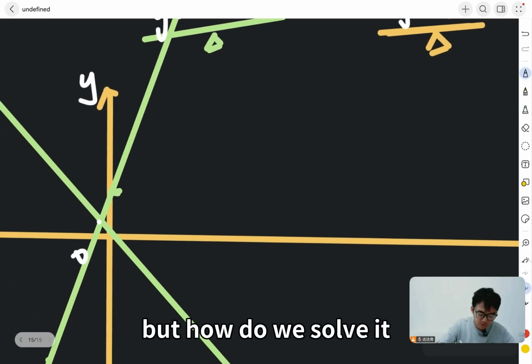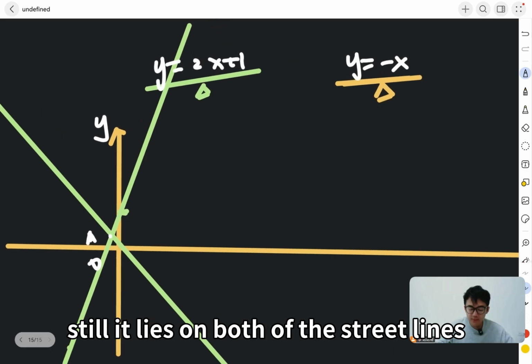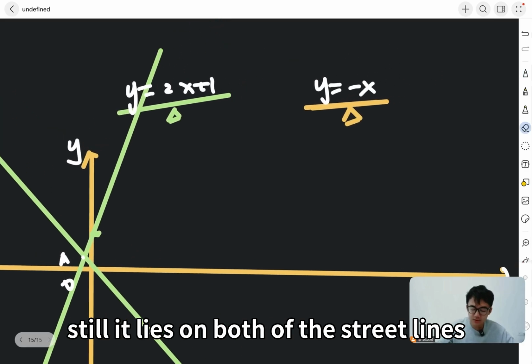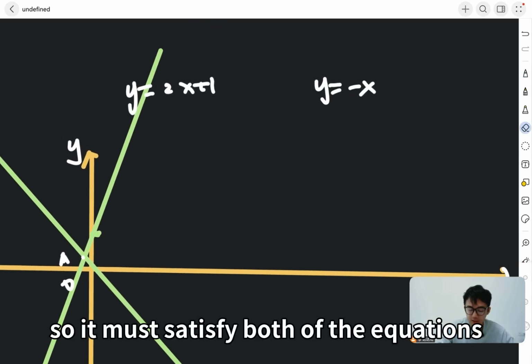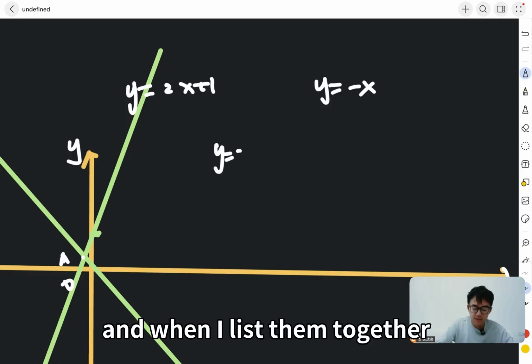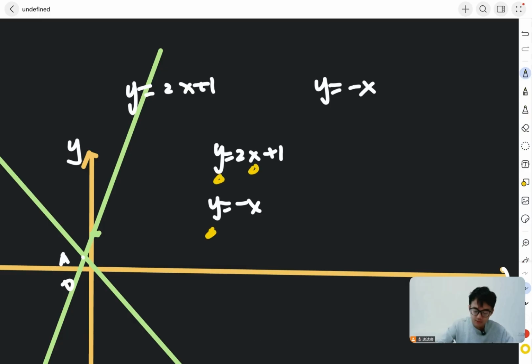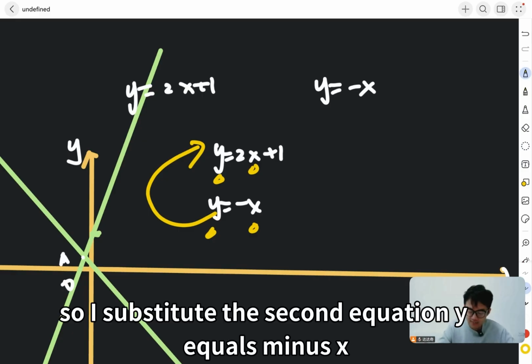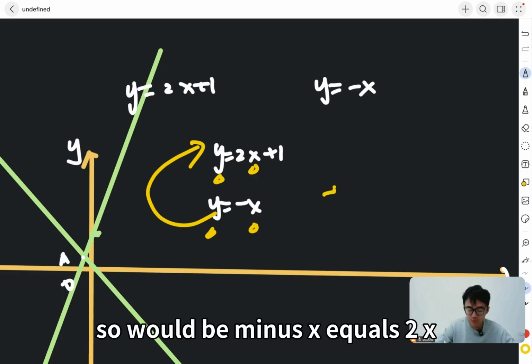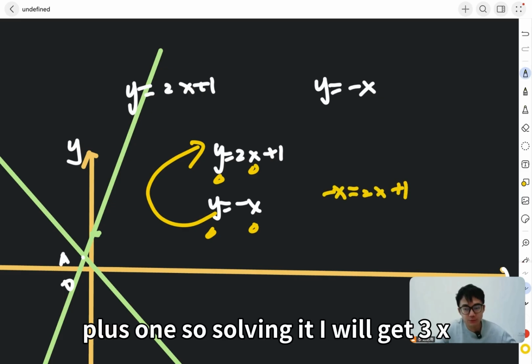But how do we solve it? Still, it lies on both of the straight lines, so it must satisfy both of the equations. And when I list them together, they share the same value of x and y, which means I could substitute any one of them into another. So I substitute the second equation, y equals minus x, into the first one. So it will be minus x equals 2x plus 1.